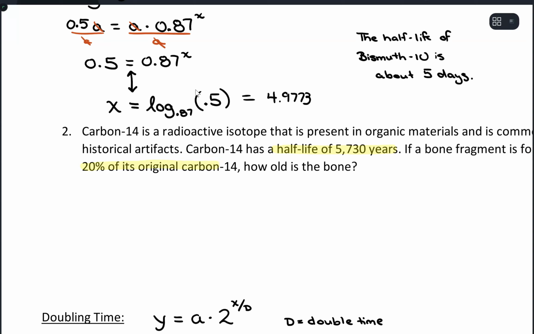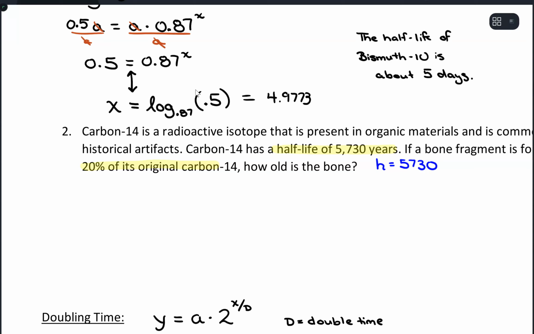We want to know how old is the bone. So this is a case where they tell us the half-life. So that's giving me H equals 5,730. And then in terms of that 20% of its original amount, that's kind of giving us our output value.